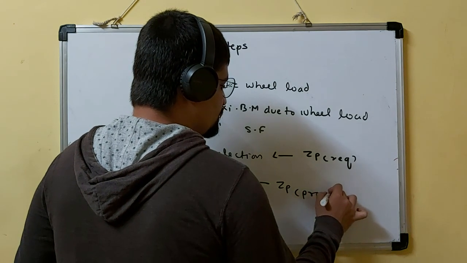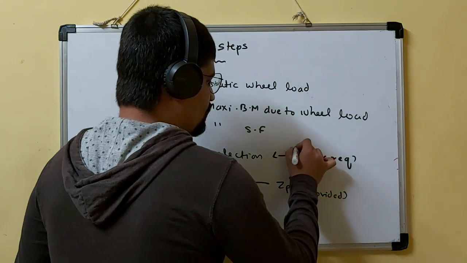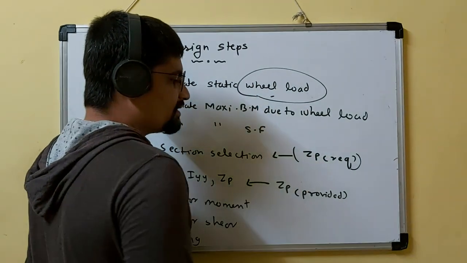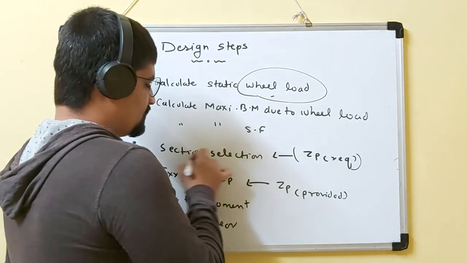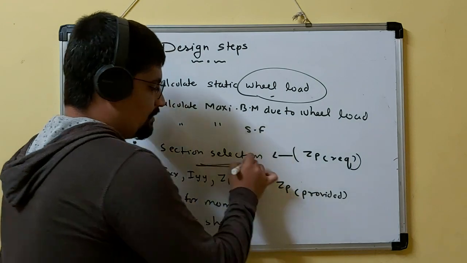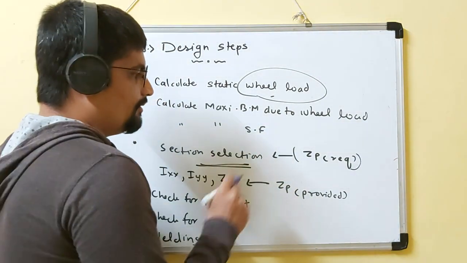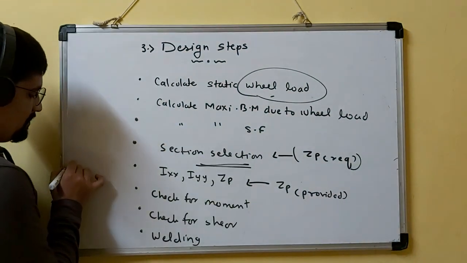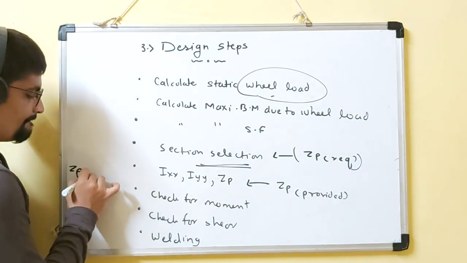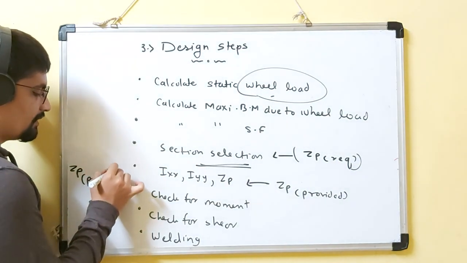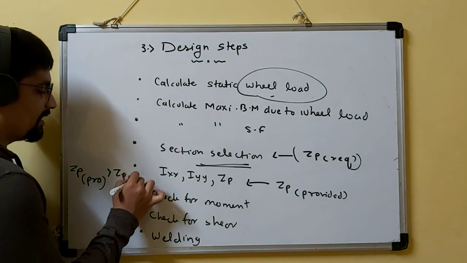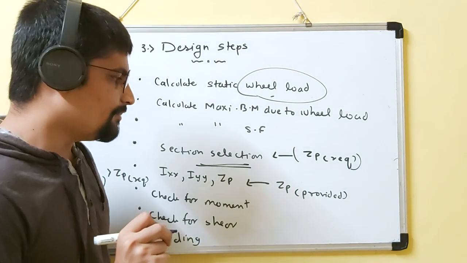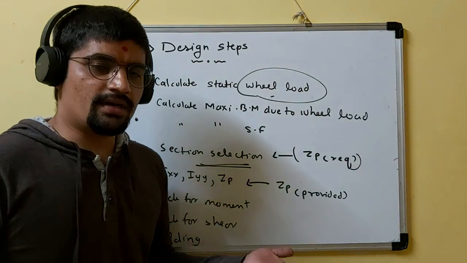The required ZP will be obtained on the basis of our load and the provided ZP we will get on the basis of the section selected. The main objective of this design is that ZP provided should be greater than ZP required, then our gantry girder is successful. Okay, up to here you can calculate.